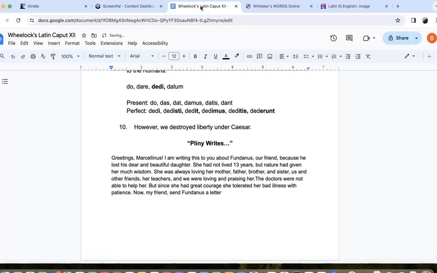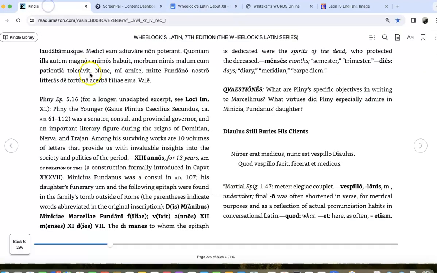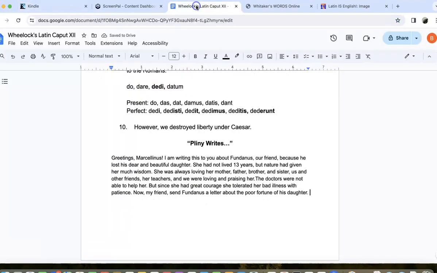So they have litteres about the poor fortune of his daughter. And then vale, of course, means farewell.